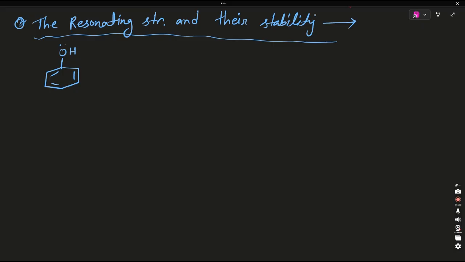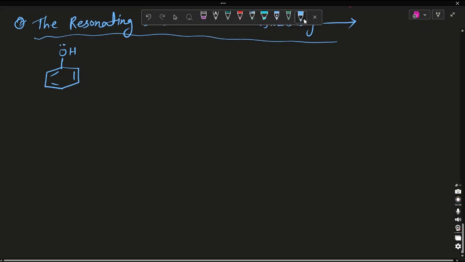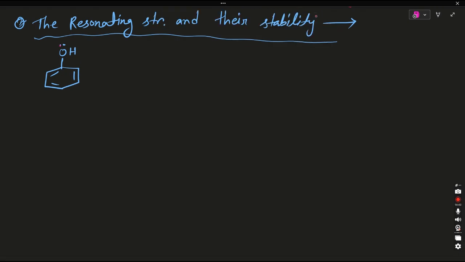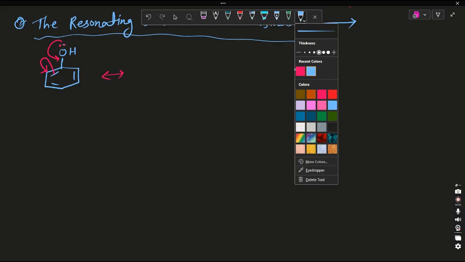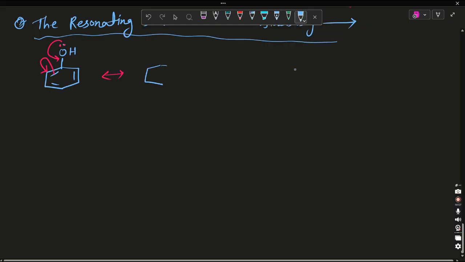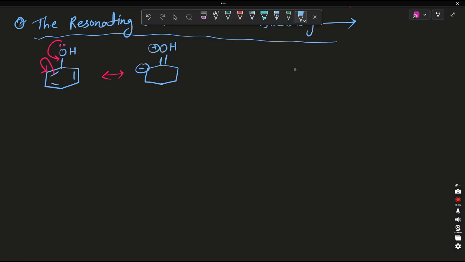The lone pair of oxygen shifts like this, and the double bond shifts here, and we get this kind of structure, with one negative charge on the carbon atom and a positive charge on the oxygen atom.